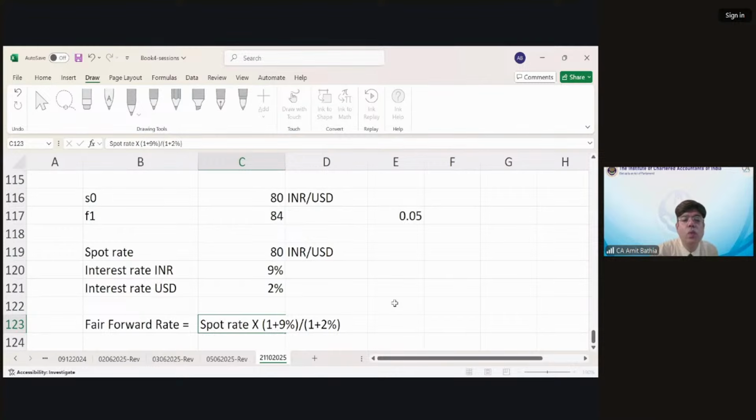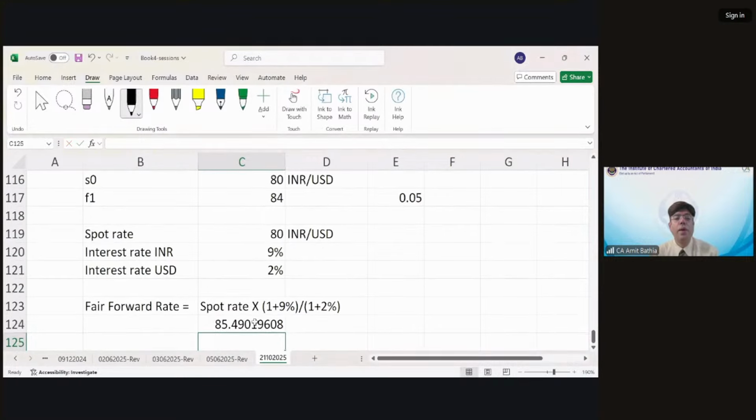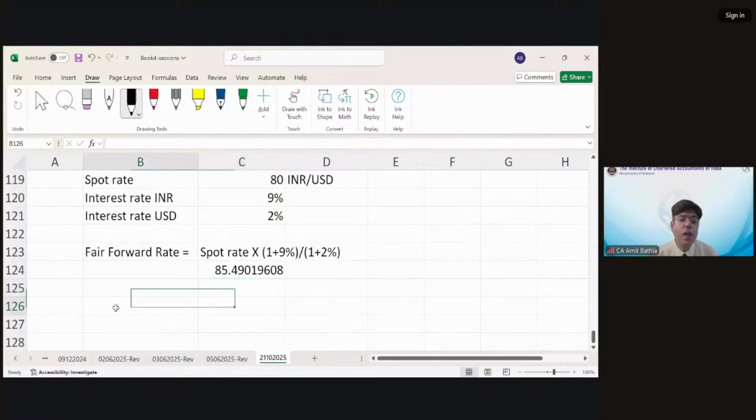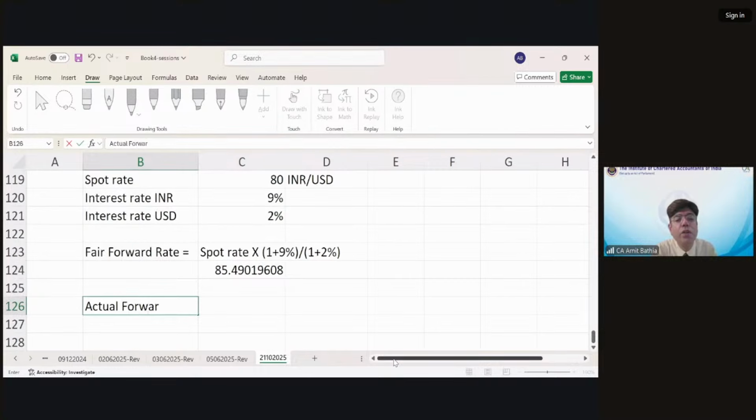Now, what is that rate going to come to? So I'm going to say over here, my spot rate is 80, right? So my fair forward rate is 85.490. Now, what if my actual forward rate, this is the rate which is offered to me by the banks.